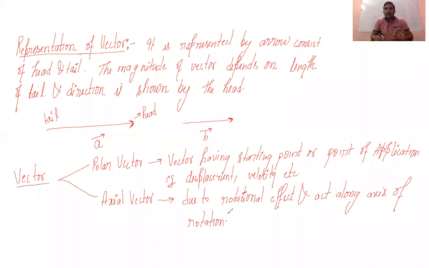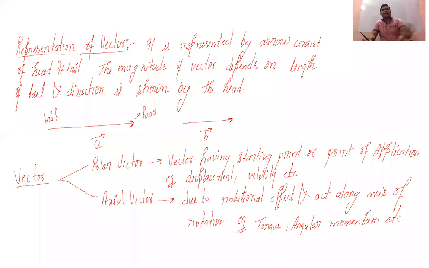Torque acts only when there is a rotation. Angular momentum also is produced when there is a rotation, or you can say the angular velocity. These are categorized under the axial vector. Examples you can write here: torque, angular momentum, etc. So this will be said as your axial vector.